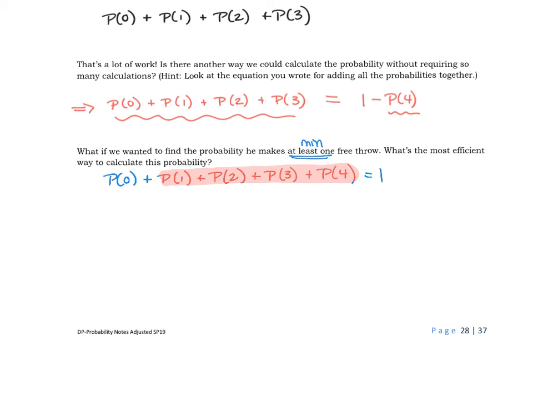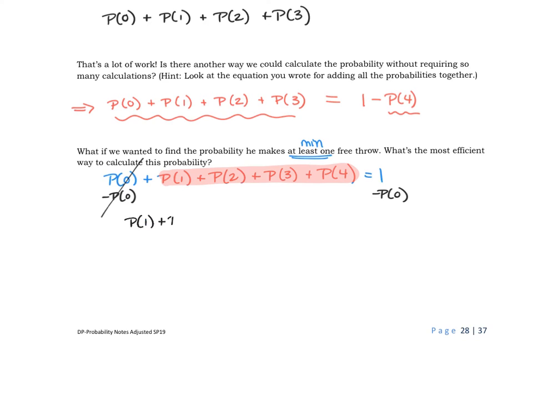Now you can again add up all 4 of those scenarios, or you can instead subtract the 1 scenario we're not interested in in this case, which is the probability of making no free throws.